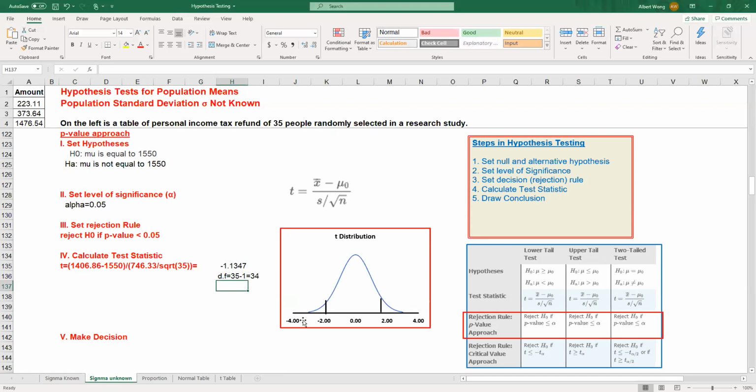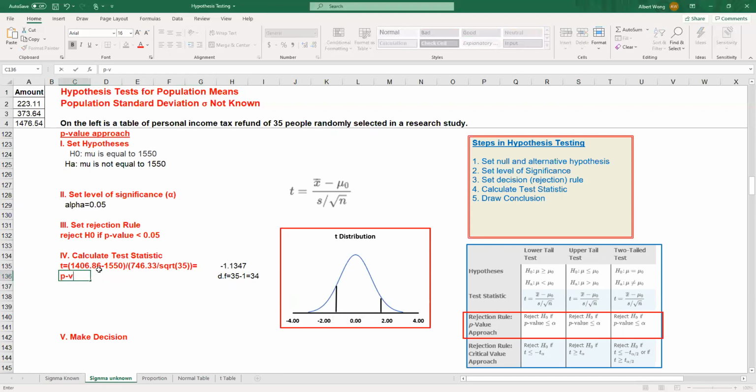So how do we do that? Well, negative 1.13 is actually here, right? And so we find this tail area, right? And because this is a two-tail test, we find this area and multiply by 2. How do we find this area? We just use the Excel function.